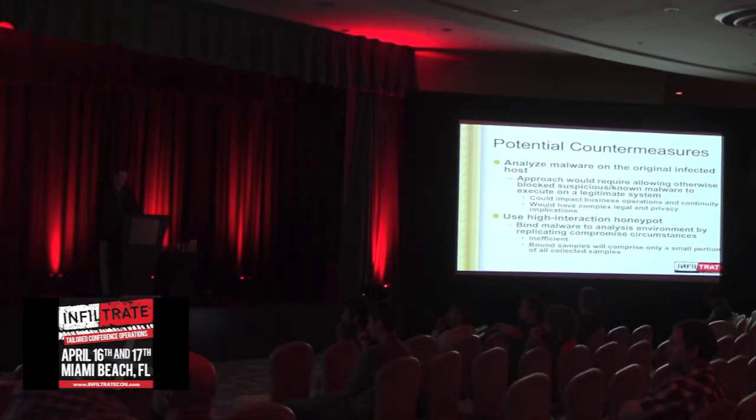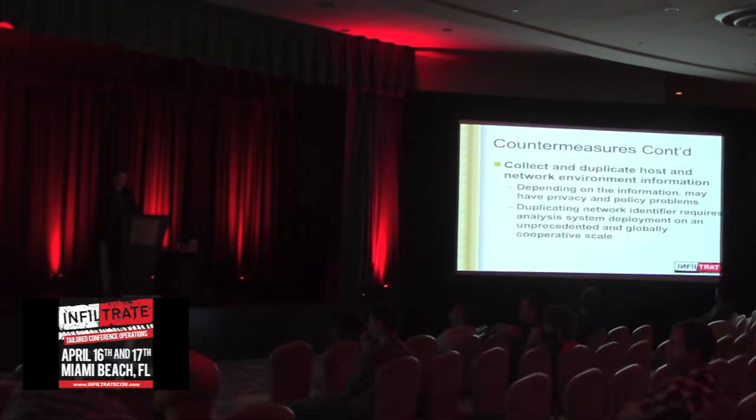You could also try using a high interaction honeypot. So you have a human being behind a honeypot attempting to replicate the circumstances of compromise. Obviously this doesn't really scale, and you may not be able to get coverage of all the malware that you're interested in. So that unfortunately doesn't seem like a great avenue either. You could attempt to collect and duplicate both host and network environment information.